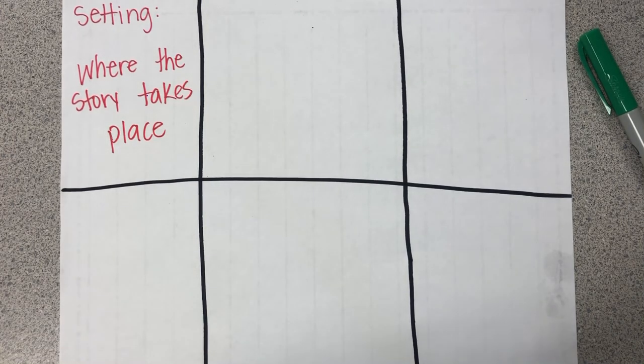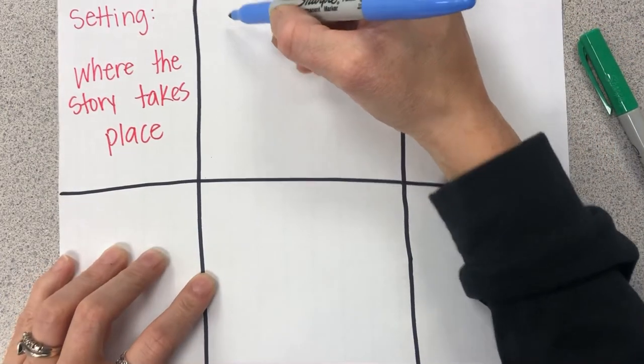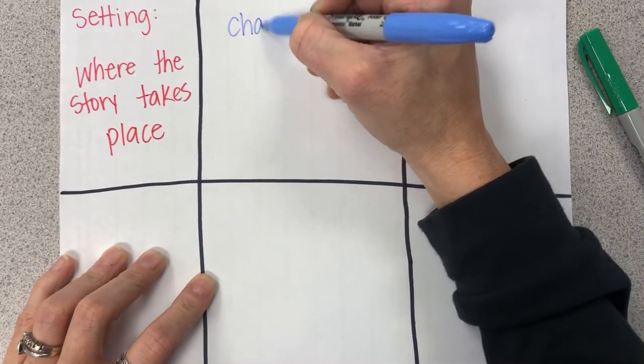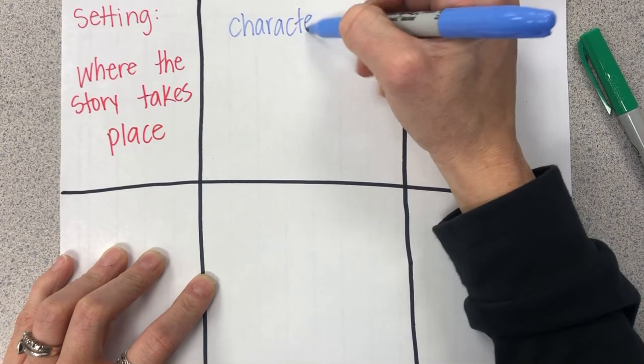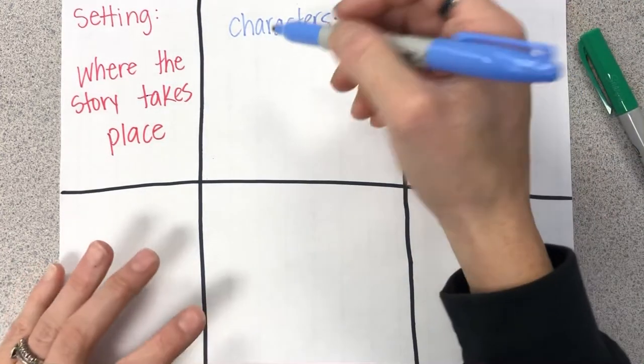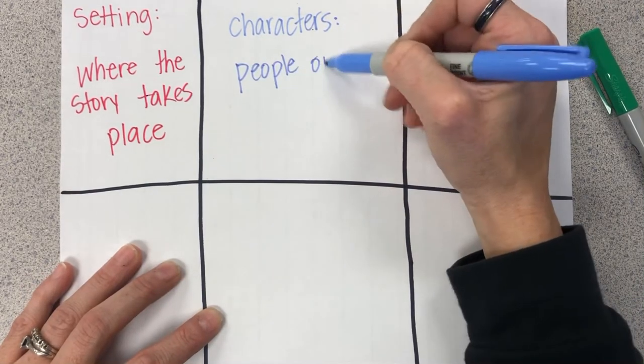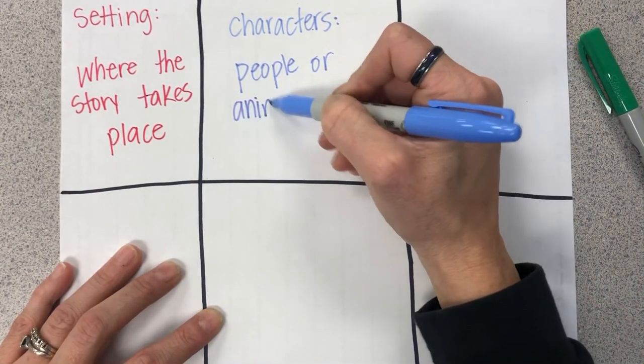The second story element of a fairy tale is characters. Every fairy tale has characters. And the characters are the people or animals in the story.